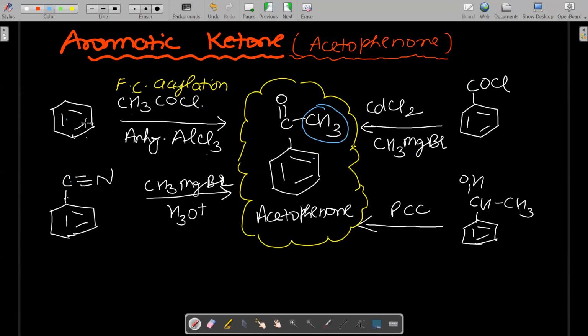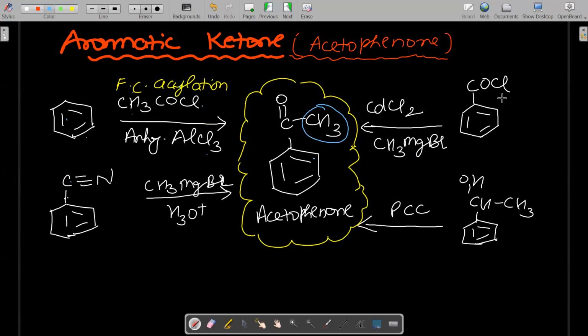So we see from benzene to benzaldehyde, Gattermann-Koch, but from benzene to ketone, Friedel-Crafts acylation. Benzonitrile to benzaldehyde, that is Stephen reduction, but benzonitrile to acetophenone ketone, Grignard reagent.